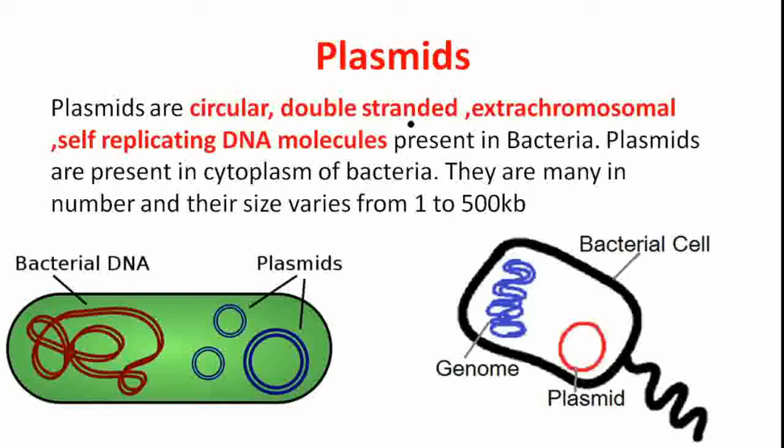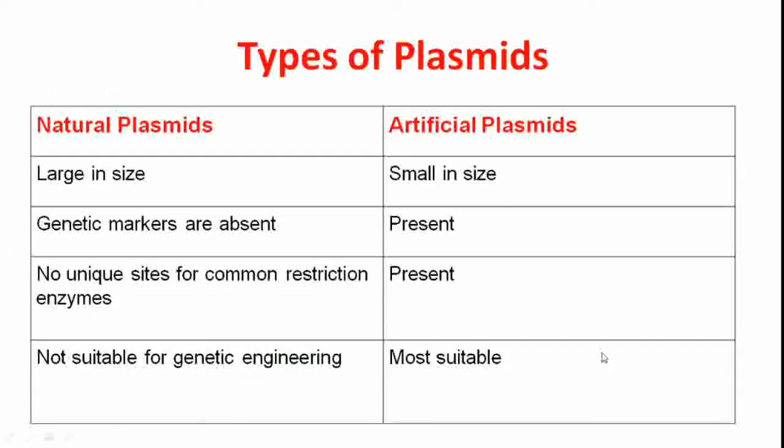There are many in number and they are different in sizes. They may vary from 20 to 40, sometimes 1,000 copies of plasmids are present in a single bacteria. In this picture also you can see a bacteria cell. This is the original genome. Besides this, the circular, double-stranded, extra chromosomal, self-replicating DNA molecule is called plasmid.